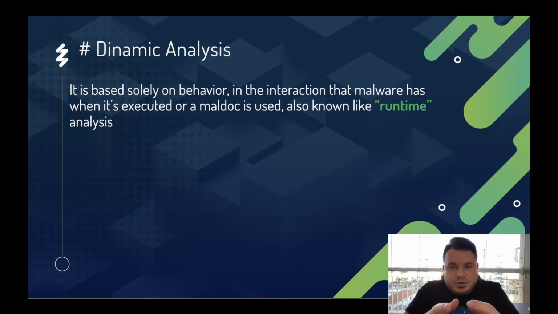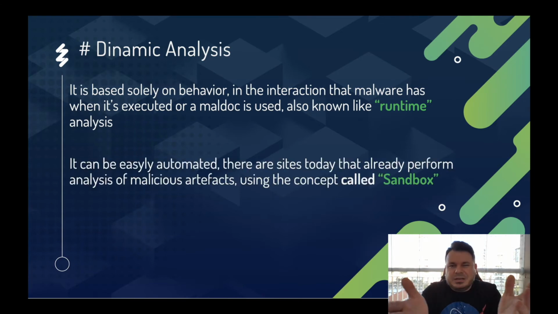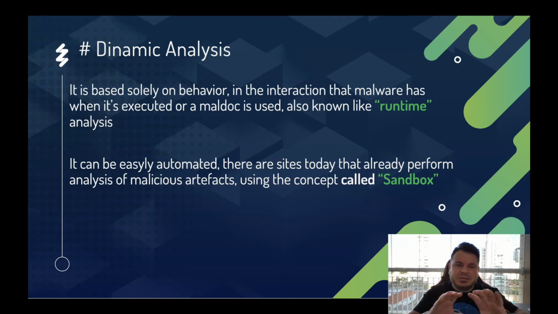You see, it's different, because one of these analyses you use at runtime, and the other doesn't run at runtime. It's a very simple definition, so I don't need to explain more deeply. In one you execute the malware and see the behavior, and in the other you don't execute the malware. You need to look at the code and the structure and understand how this malware, maldoc or sample works, right?